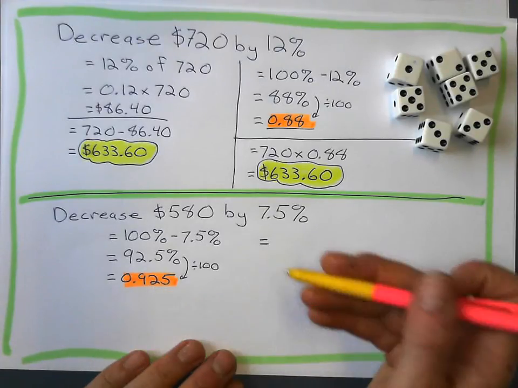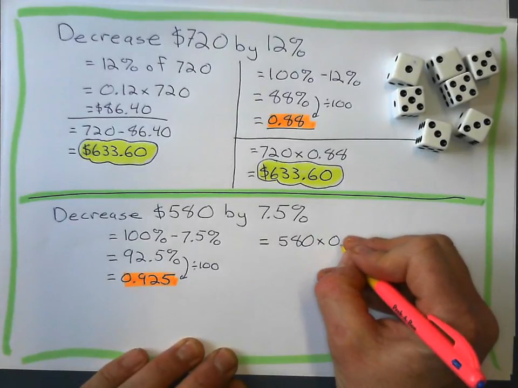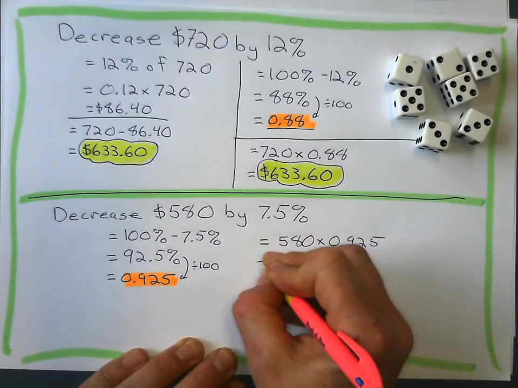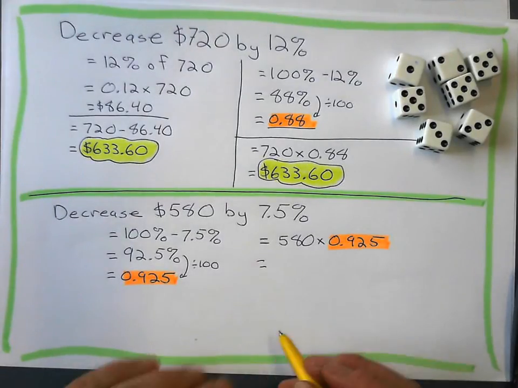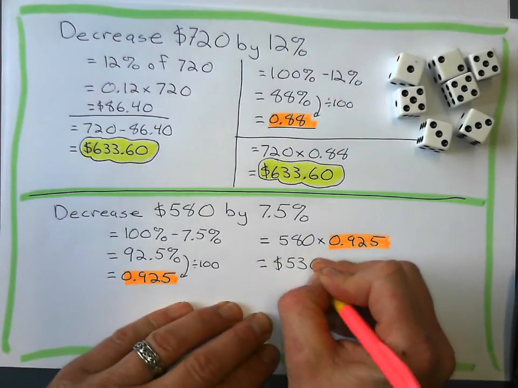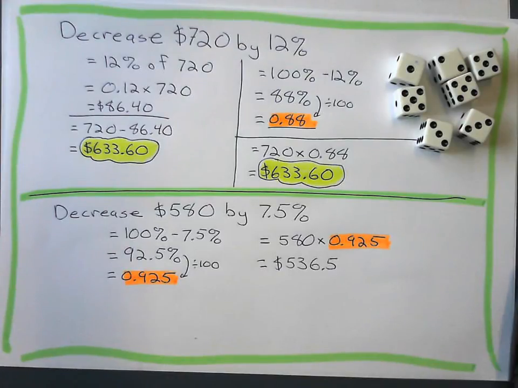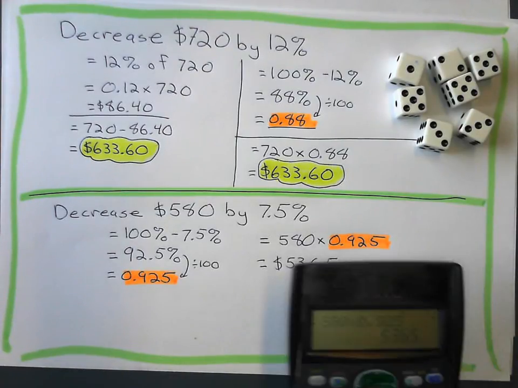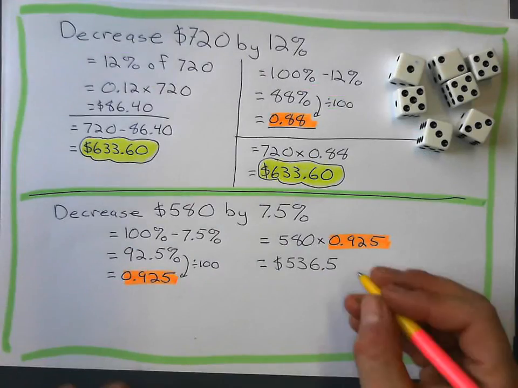When we take our original amount and multiply it by 0.925, we cut to the chase. And when I multiply those out, talking about money here, what I get on the calculator is 536.5. But if I'm dealing with money, I want two decimal places, not just one. So that's a 0.